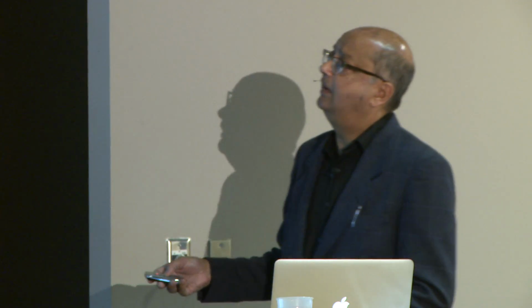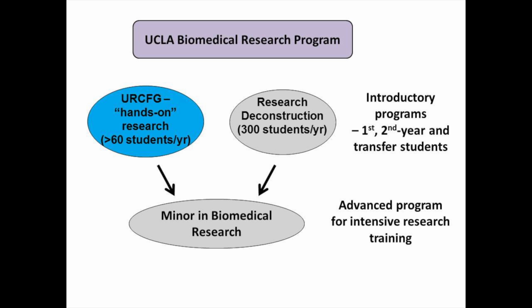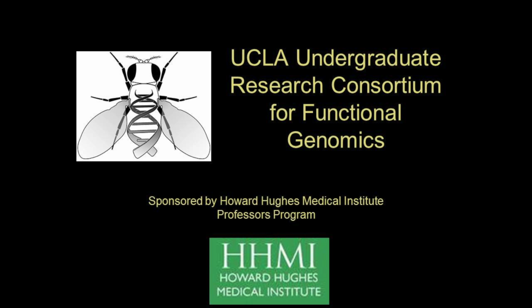Now to take you through these programs one at a time, the URCFG, or the hands-on research. As I said, this is a mouthful, and that helps us. This is the one that is actually sponsored by the HHMI. We took about a quarter just to draw a picture of a fly such that the abdomen looks kind of like a DNA, and still couldn't get the veins right on the wings, I guess.